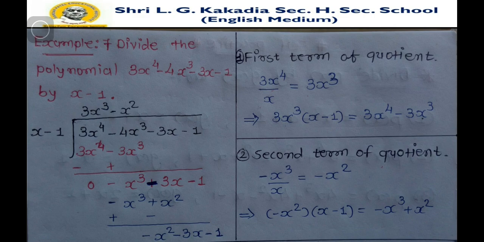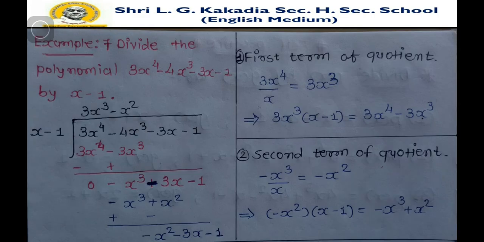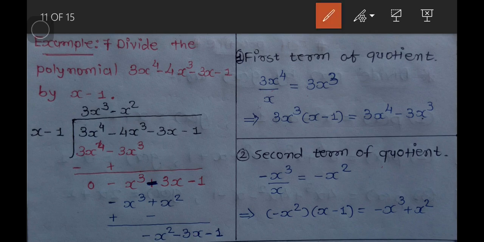Our first step is to find the first term of the quotient. We divide the first term of the dividend by the first term of the divisor, and we get 3x cube.